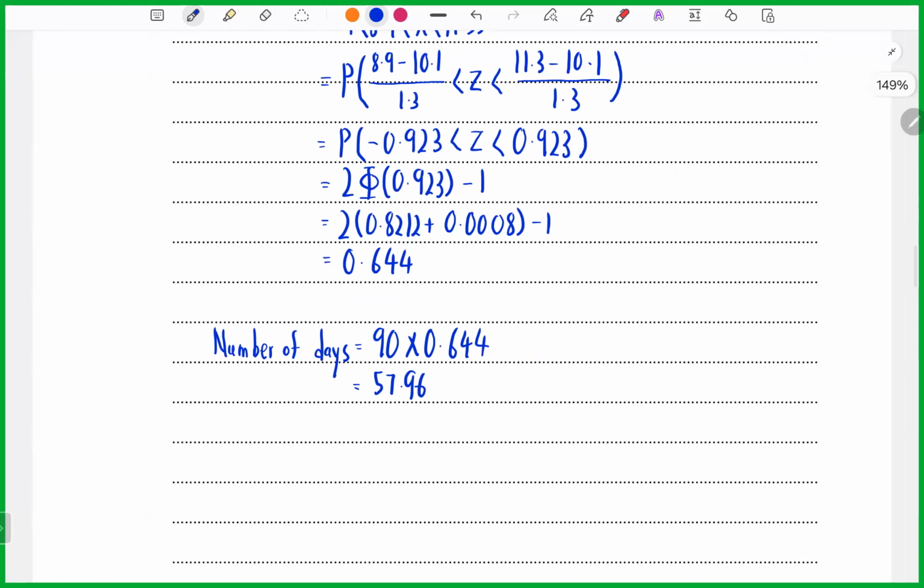So we can write the answer as 58. You can say 57 days or 58 days, that's up to you. You can consider the answer 58 because it's 9, but some may also consider 57 because they didn't round it off. It depends on you.